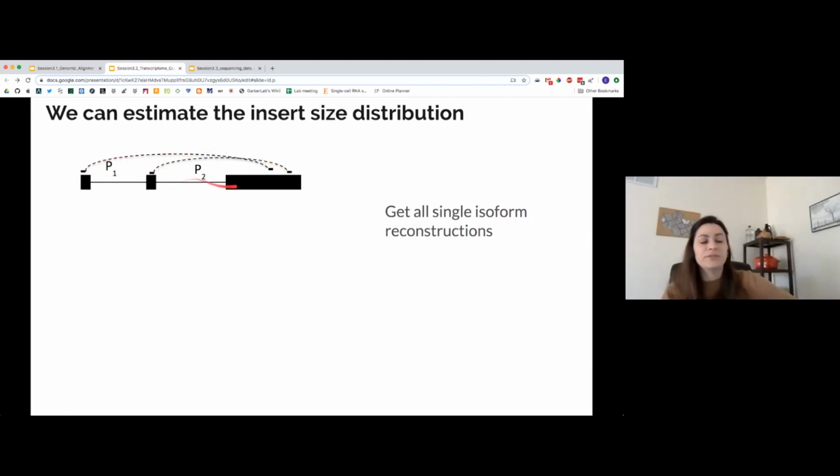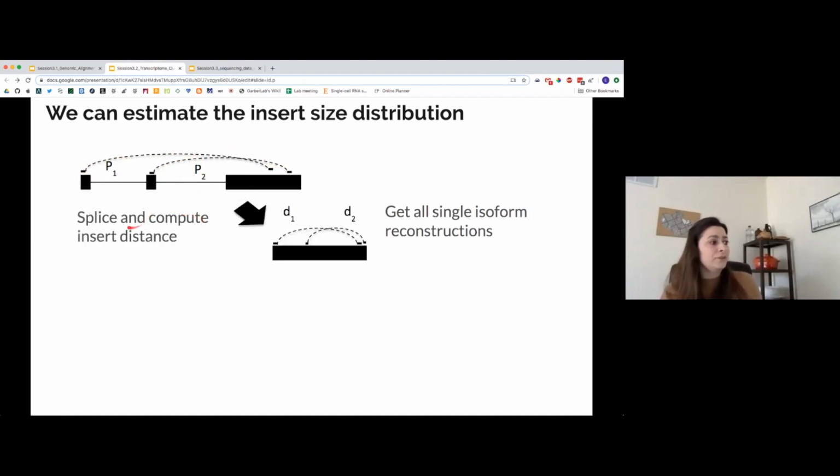And they map to different exons of this imaginary transcript. So first you have to perform a computational splicing and compute the insert distance. You're not going to calculate the distance based on the genomic distance, but you're going to calculate it once this transcript is processed, because the majority of your mRNA will be mature in your sample.